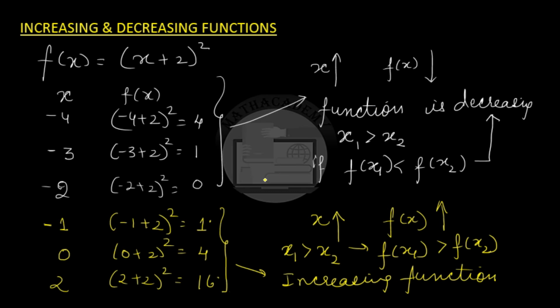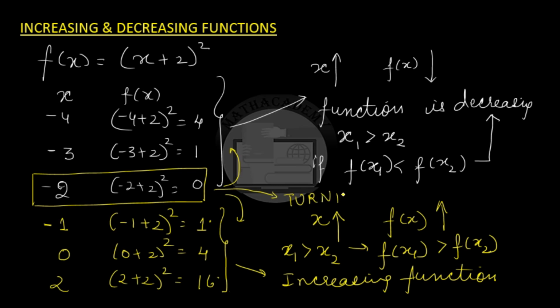And the turning point where the function is changing from increasing to decreasing is at x is equal to minus 2. This is the point where the f of x is becoming 0, and after this it is increasing, and before this it was a decreasing function. So x is equal to minus 2 is called the turning point.